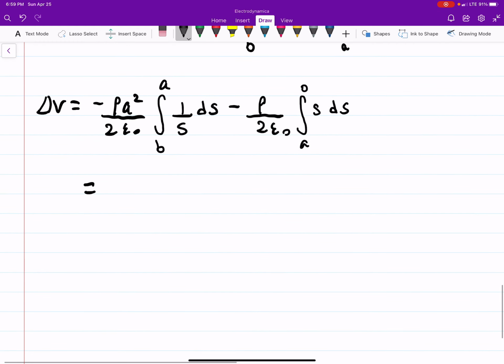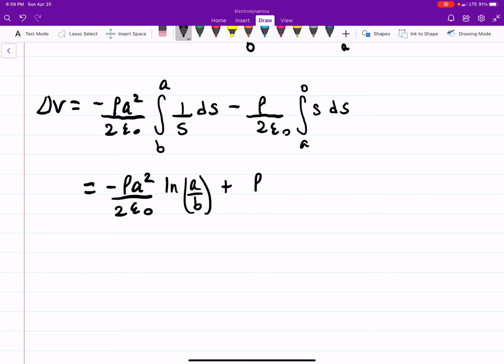So this will be equal to minus rho a squared over 2 epsilon naught, the natural log of A over B. And then if we integrate this, it'll be 1/2 S squared evaluated from 0 to A. So it'll be 0 minus a minus, so that turns positive. A squared. And this will actually turn into a 4 because this is a 1 plus 1 is 2, so we'll divide that.